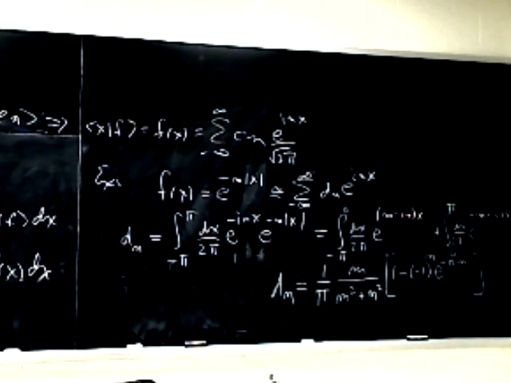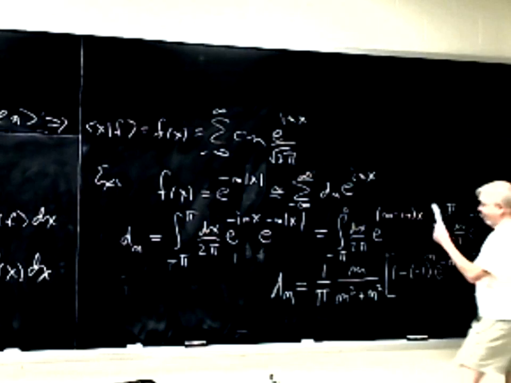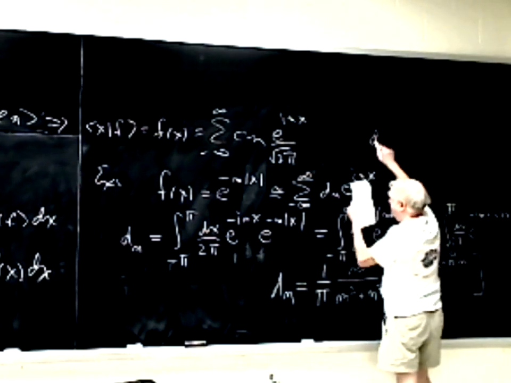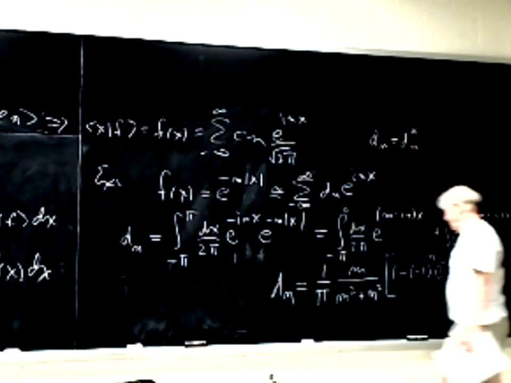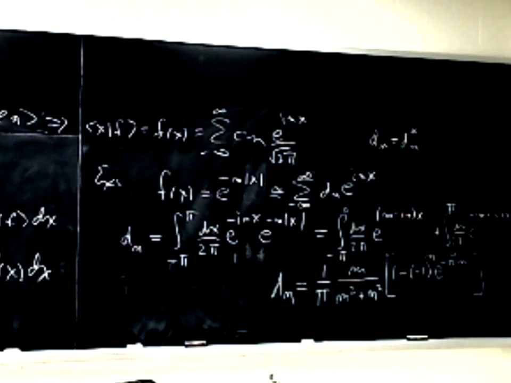Now, a couple of things can be noticed here. First of all, f is real, so d of n is d of n star, and this is an n here. This way it makes it clearly an n.